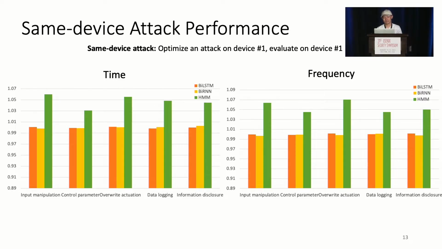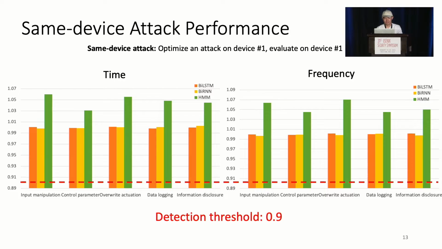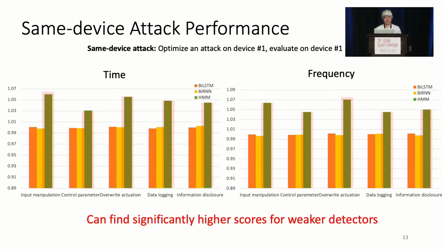So in this case, we're optimizing our attack on device 1 and evaluating on device 1 as well. It can be seen from the results that all the scores are significantly higher than the detection threshold. And also for some weaker detectors, the confidence score is much higher.